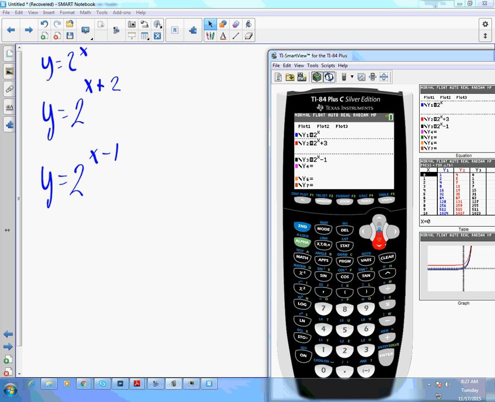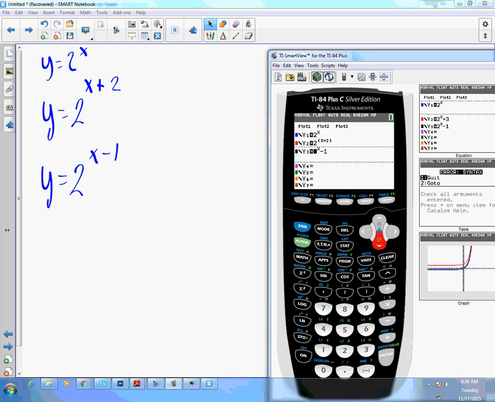2 to the x is already normal. Now this one, if you have the old calculator, you need to make sure you use parentheses: x plus 2 in closing parentheses, so the calculator knows that everything in these parentheses is in the exponent.